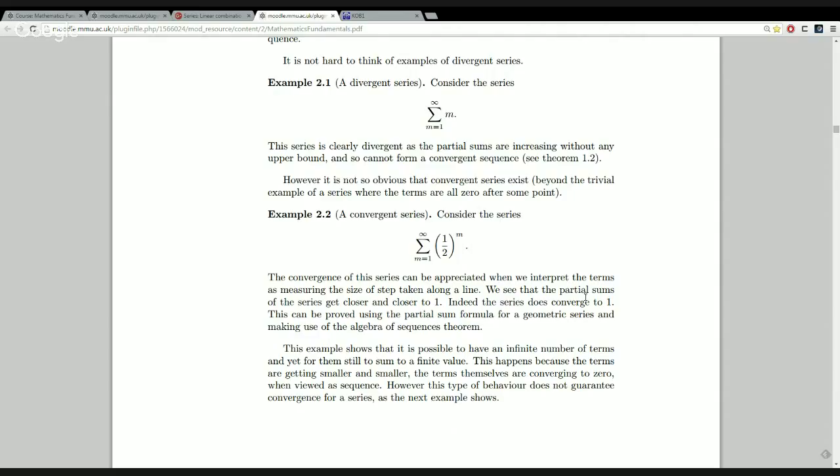It's said to converge if and only if the sequence of partial sums is a convergent sequence, sorry, in the sense of chapter 1. So sk must tend to some limit L as k tends to infinity. That's what it means for the series to converge. The series converges if its associated sequence of partial sums is a convergent sequence.